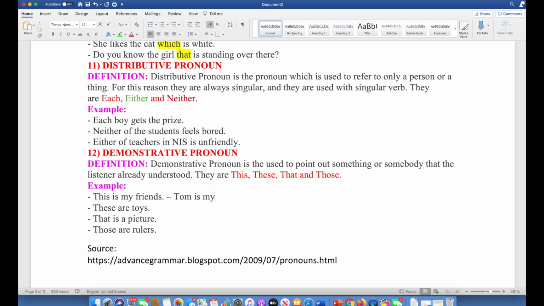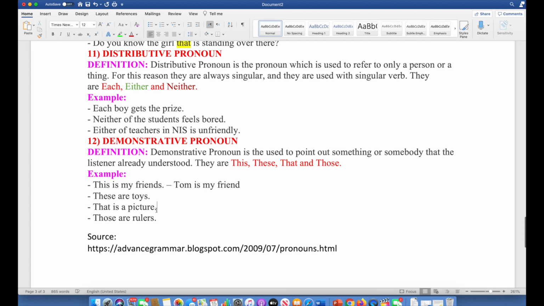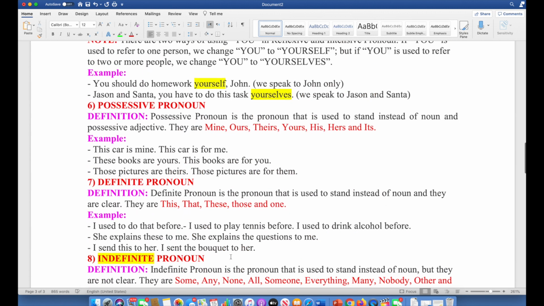Tom is my friend. And I'm standing next to Tom, and to the other person I'm introducing, I say, okay, this is my friend, and I will point to Tom. These are toys. That is a picture. Those are rules.